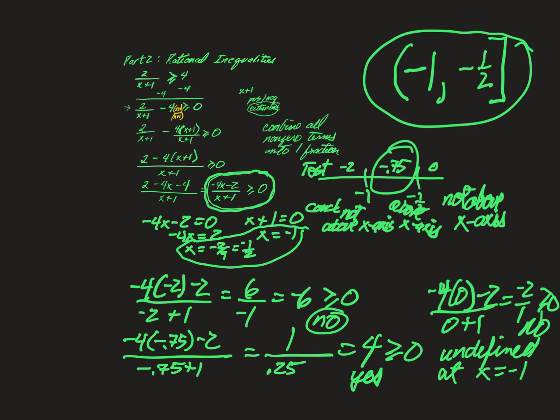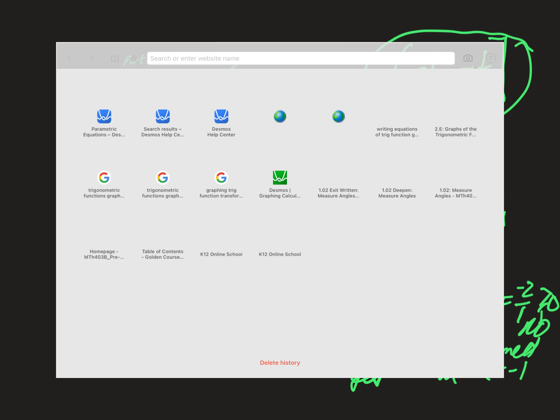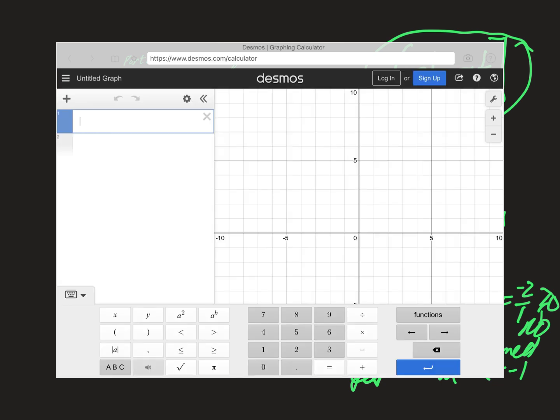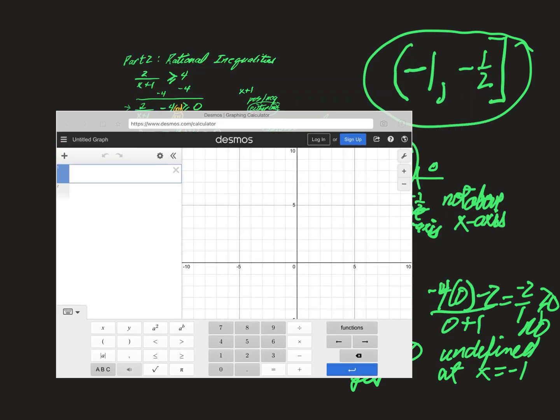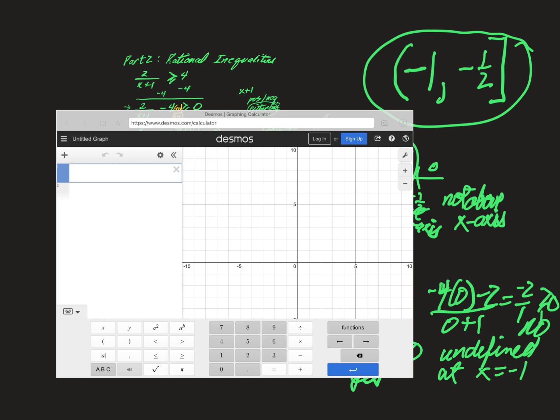So once again, let's check it on a Desmos graph. All right, and let me shrink it just a little. And so our original problem was 2 divided by x plus 1. And then we had y equals 4.